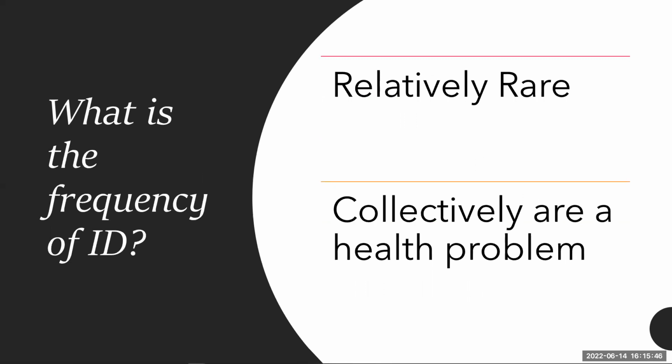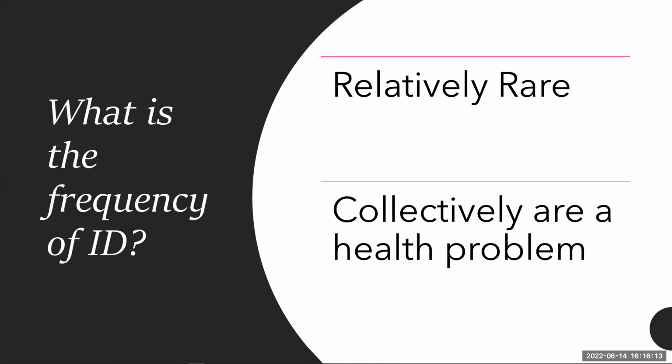So what is the frequency of these immunodeficiency diseases, or IDs? It's relatively rare. The primary immunodeficiency diseases were originally thought to be quite rare. And some of these are relatively common. For example, selective IgA deficiency disease occurs in as many as 1 in 500 to 1 in 1,000 patients.